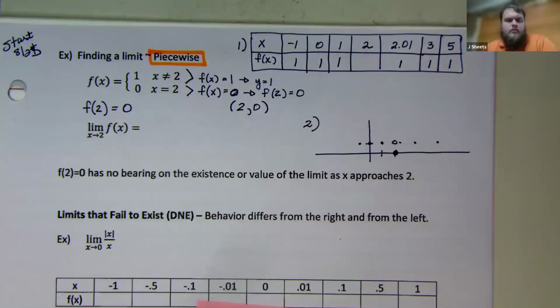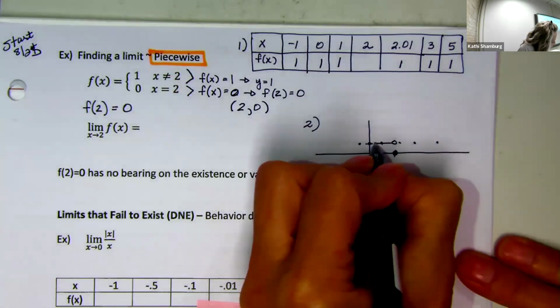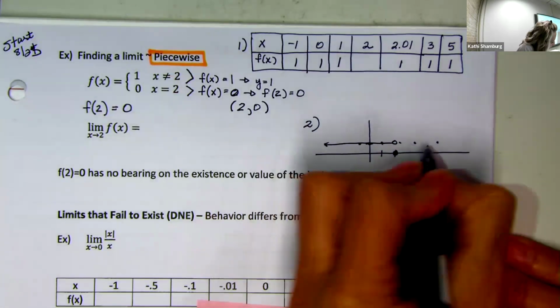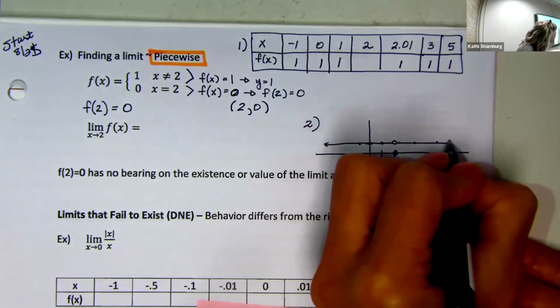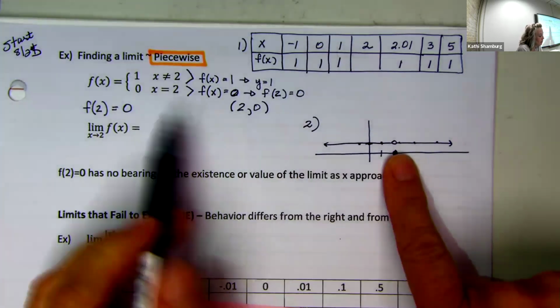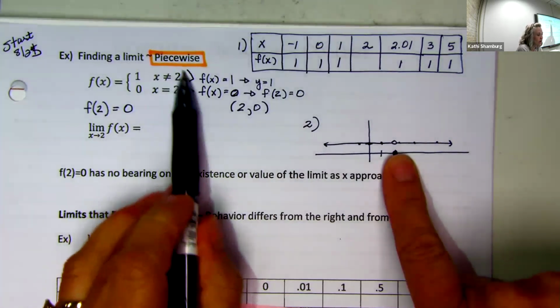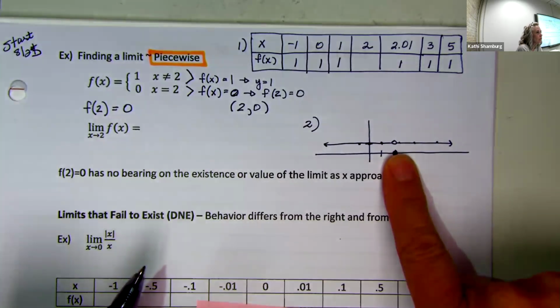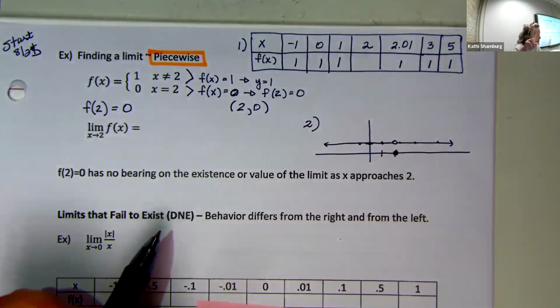Would it just be a ray? What kind of line is this? Horizontal line. It's a horizontal line that crosses the y-axis at 1 because y is always 1. Now notice I have an open circle, and the reason for that is because the x coordinate cannot be 2. So this has two pieces.